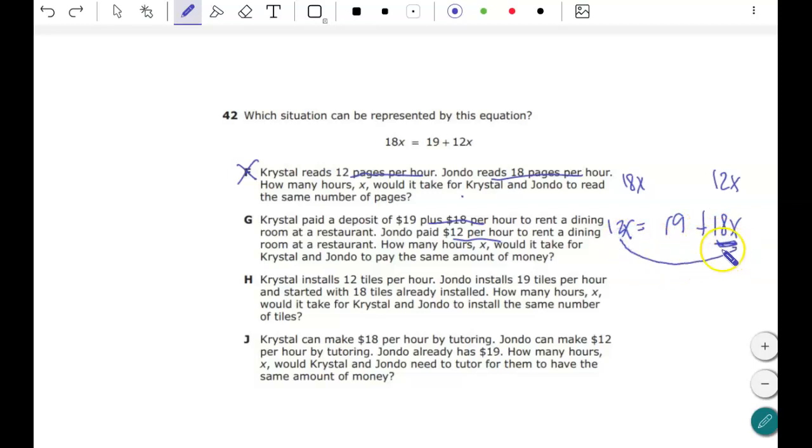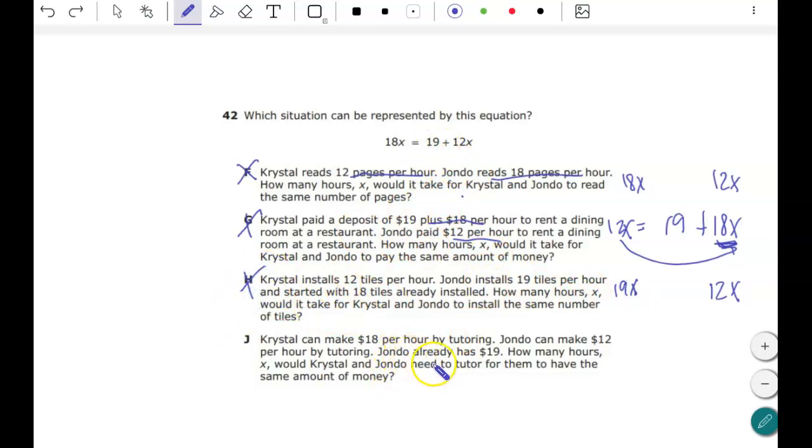These are switched around, so it can't be G. Crystal installs 12 tiles per hour. That's the 12x. John Doe installs 19 tiles per hour, so that would be 19x. So that's not correct. The 19 does not have an x with it.